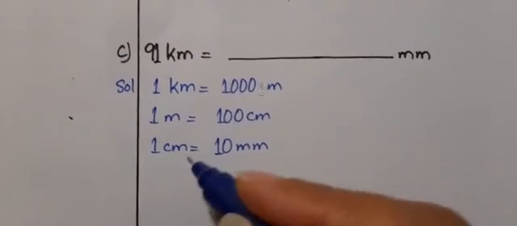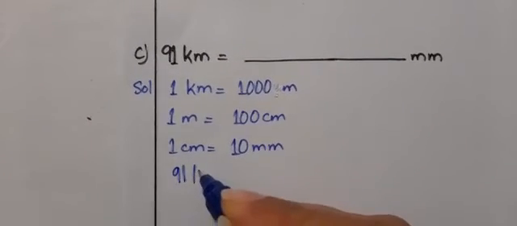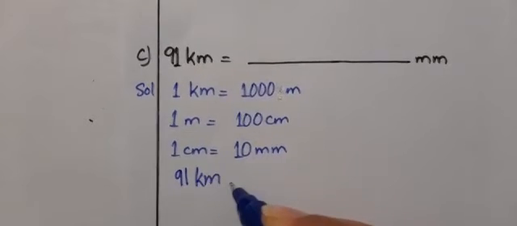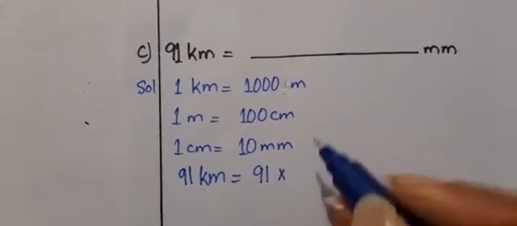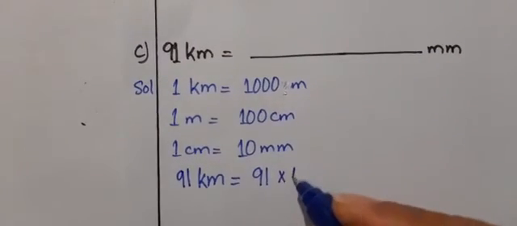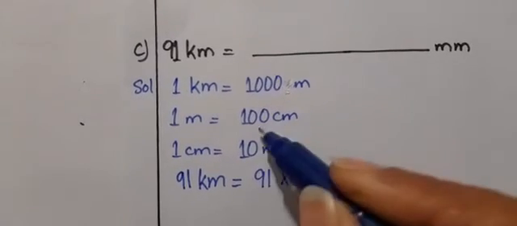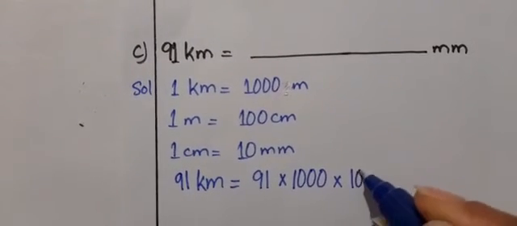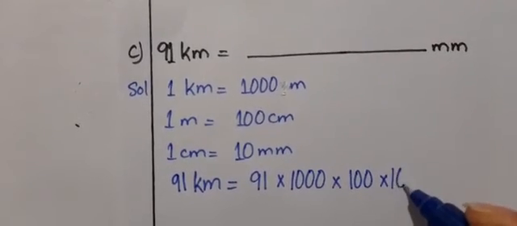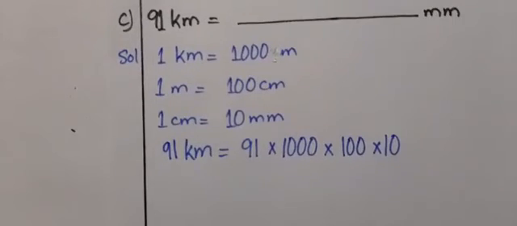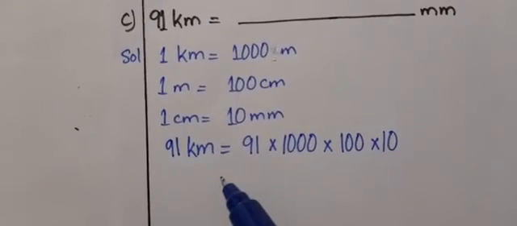So let me do it. 91 kilometer will be 91. First we have to convert it into meters. So I will write 1000 for meters, then into centimeter for 100, and then at the last in the smallest unit in millimeter 10. So I have to add this 1, 2, 3, 4, 5, 6 zeros after 91.